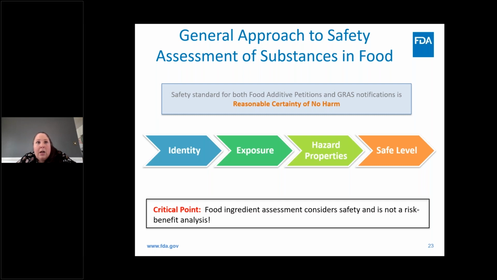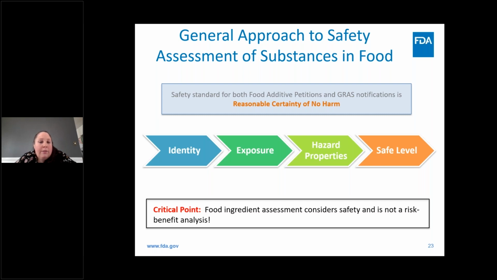And from that, the toxicologist will take that information and look at the known hazards or risks for that substance and at what levels those hazards or risks are observed, and we'll determine what is considered a safe level of consumption. Now, hopefully that exposure does not exceed that safe level.